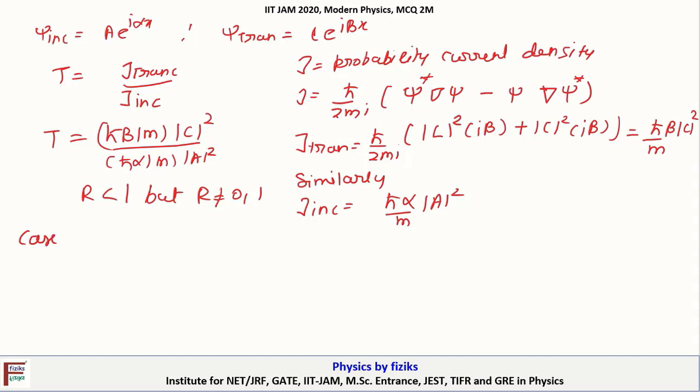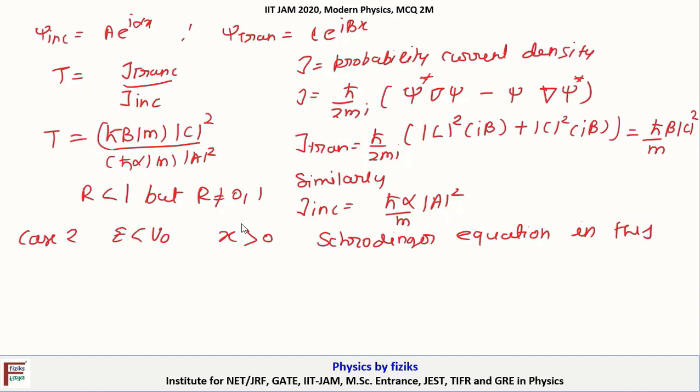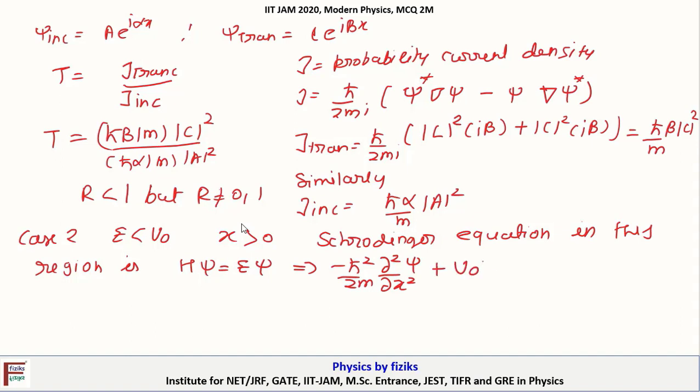Now in case 2, when E is less than the height of the barrier, for x greater than 0, the Schrödinger equation in this region is H psi equals E psi, which implies minus h cross square by twice m del x square psi plus V0 psi equals E psi.